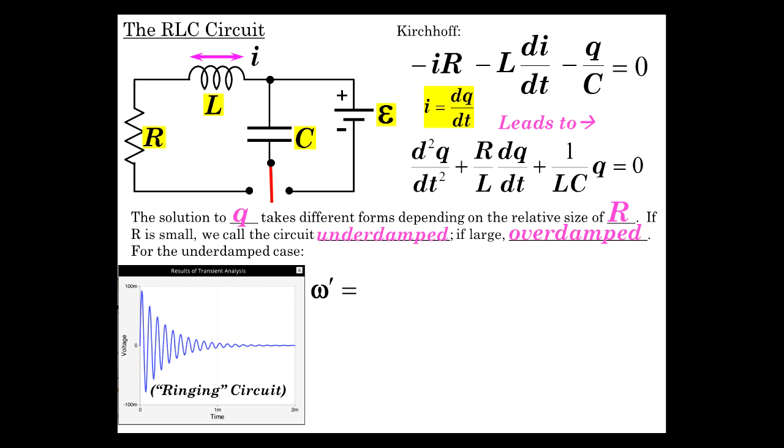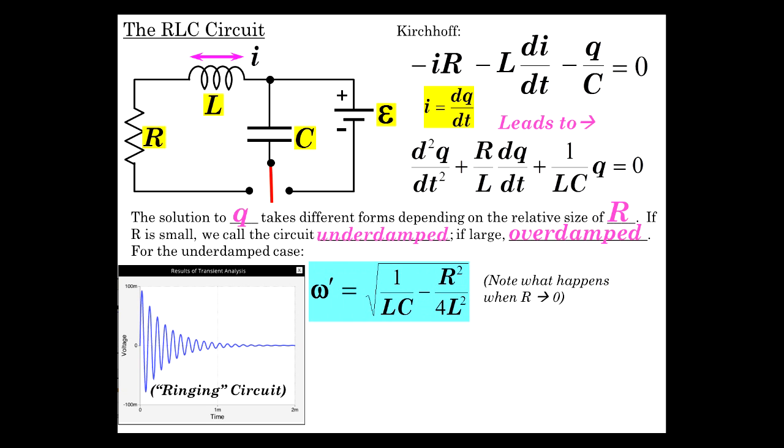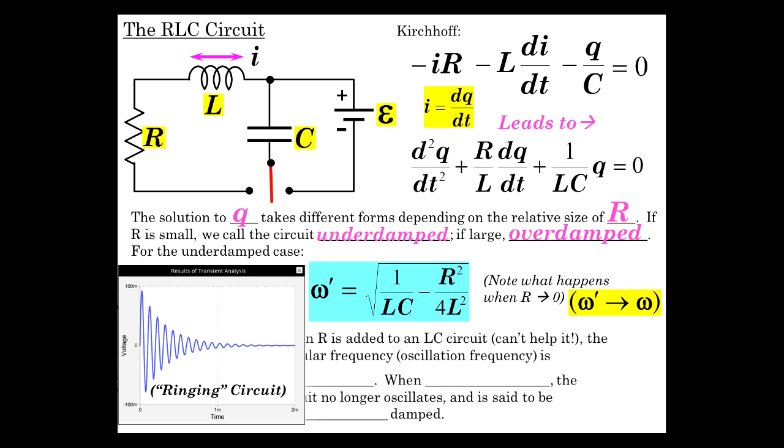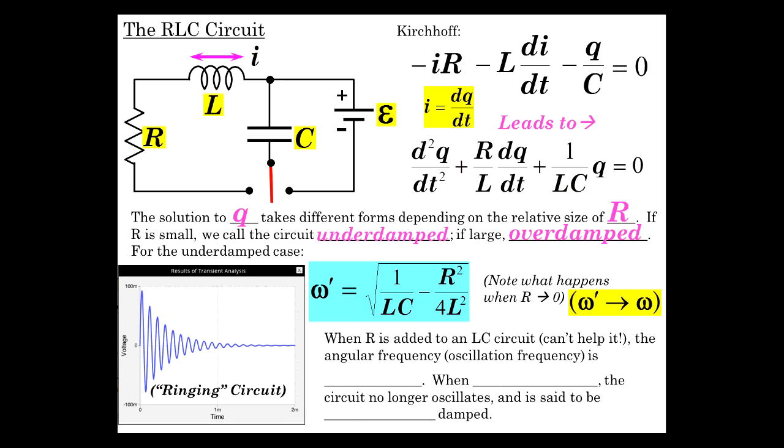So what is this new angular frequency? Well, the new angular frequency is reduced from square root of 1 over LC by this other factor, R squared over 4L squared. Now when R approaches 0, no resistance in the circuit, then the new angular frequency is the same as the original.